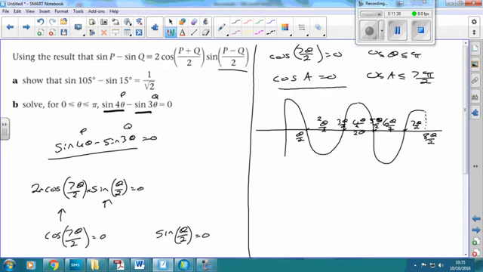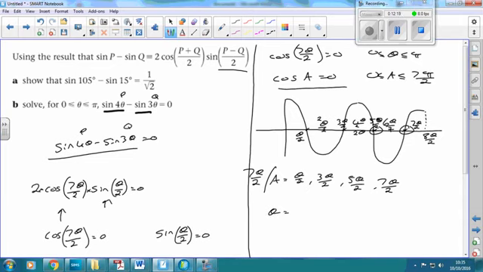So where cos a equals 0, a equals theta over 2, 3 theta over 2, this one here, which is 5 theta over 2, and we've got this one here, which is 7 theta over 2. However, we've then got to replace a with 7 theta over 2. So what we need to do is multiply everything by 2 and divide by 7.